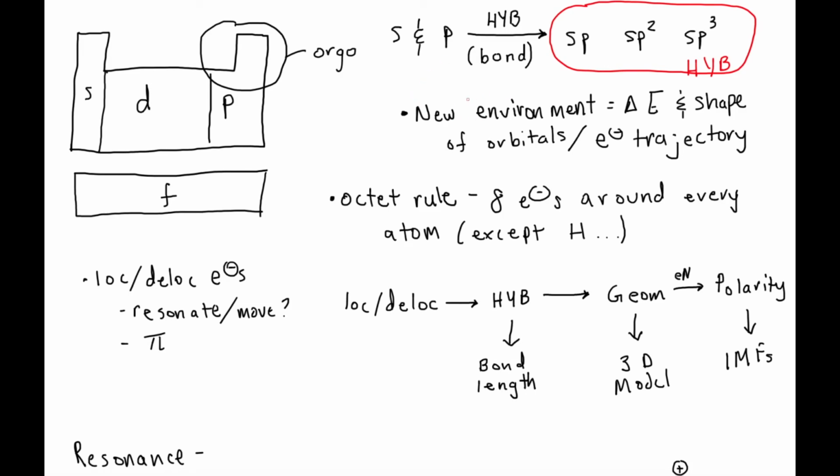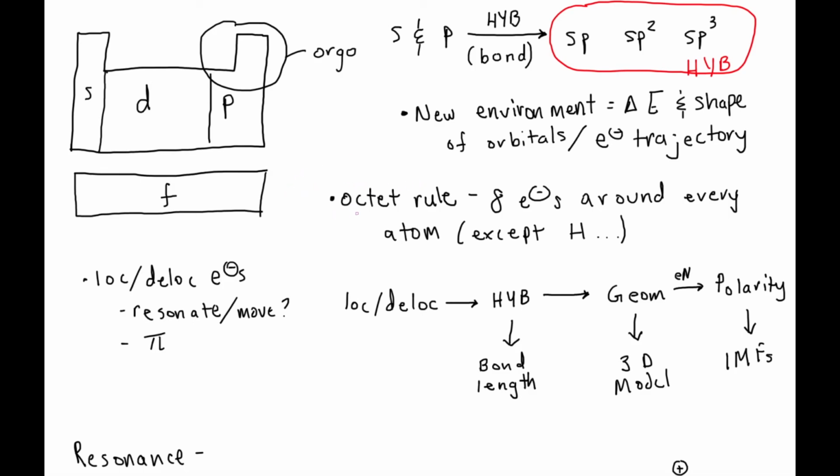Okay, so we're thinking about the environment of these electrons. We're thinking about what is around them, how many dense positive nuclei are around them, and therefore what is their energy, what is their trajectory, how do they move around these atoms and therefore these molecules, and how does that affect the molecules chemically, how do they react.